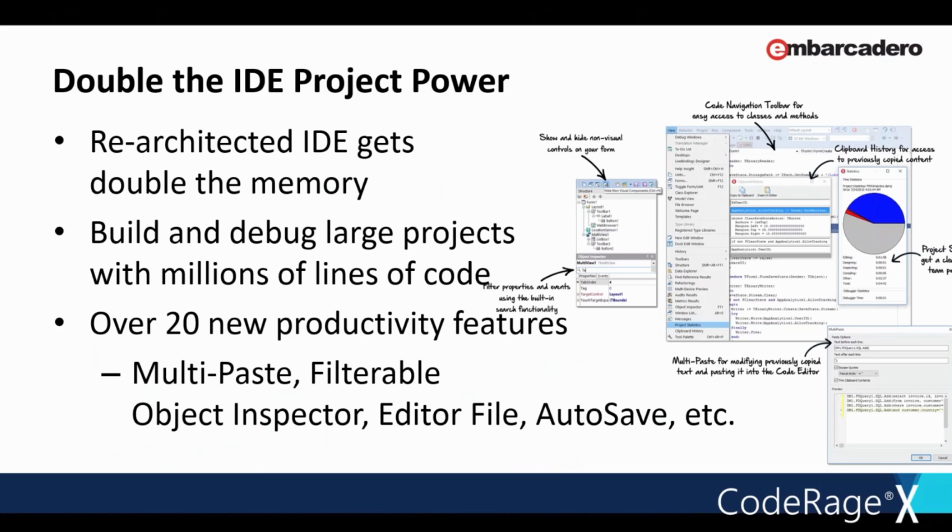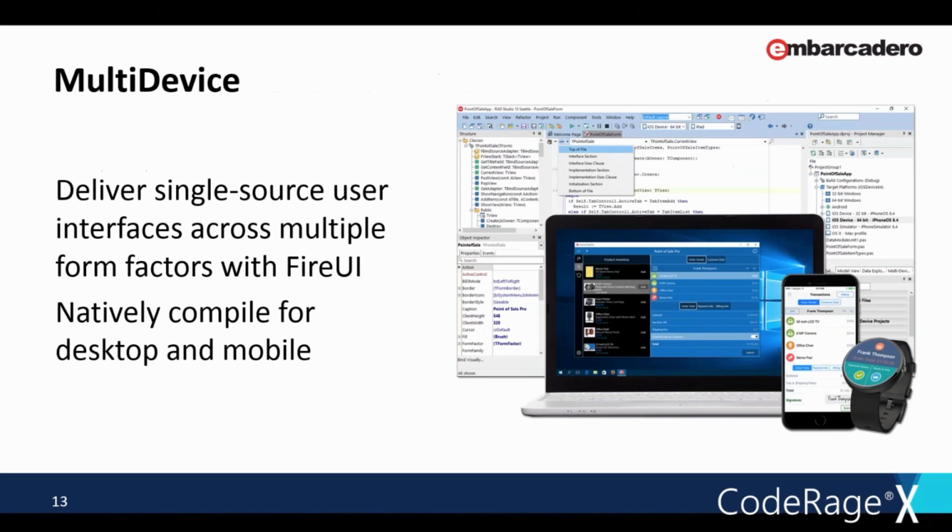We have customers that were able to build in the IDE up to 37 million lines of code, which is a good size product. We also had a lot of features, and Luis is going to demo some of them later on. But again, the main point is twice the memory, and also we redid some of the unit cache mechanisms. So it's not just twice the memory, but also a better way of taking advantage of the available memory.